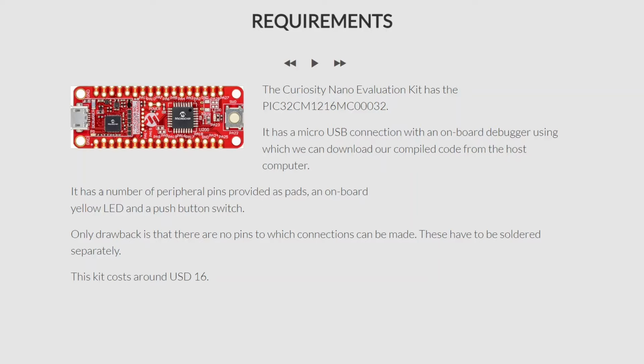Right? Now, it has a number of peripheral pins provided as pads. So as you can see here, there are a number of pins which are provided as pads. Now, the one thing that is, I would say, the only drawback is that there is no connector, right? This is the actual kit which is available when you purchase it.